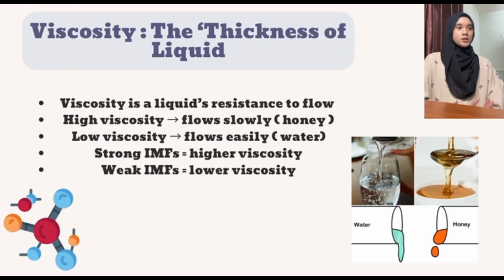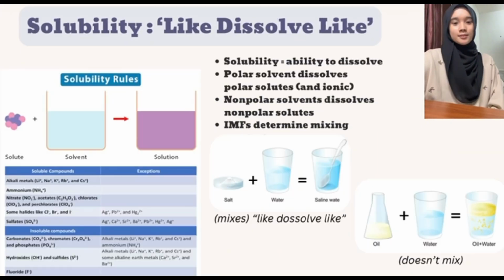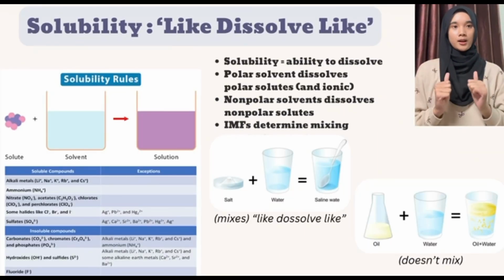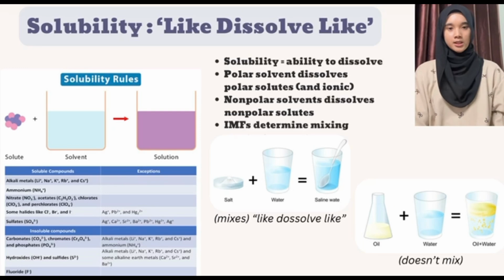When these forces are strong, the molecules stick together tightly, so the liquid flows slowly. Therefore, stronger intermolecular forces give higher viscosity. So, got it?